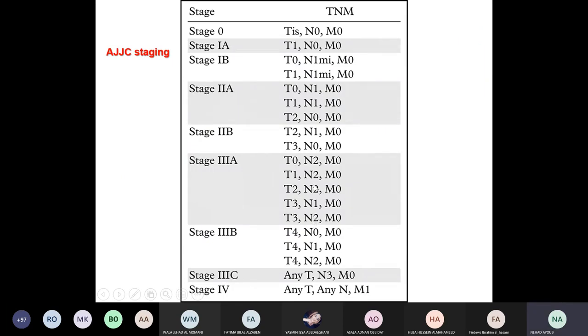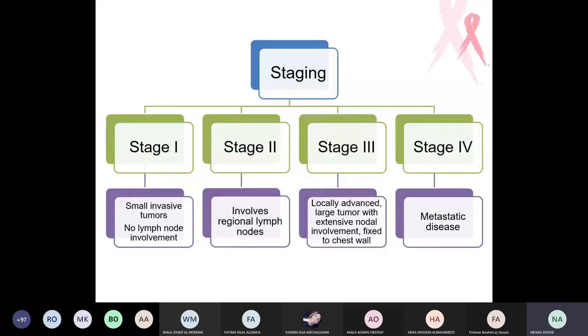In stages 2 and 3, many lymph nodes are usually involved. So to go back to staging, stage 1 and stage 2 we generally call early local disease, stage 3 is advanced local disease, and stage 4 is metastatic or advanced disease.